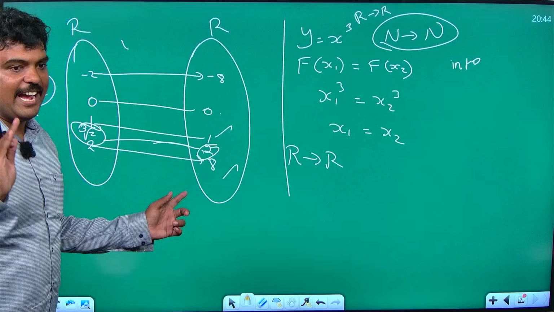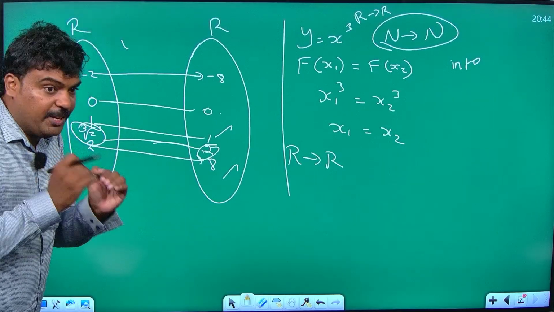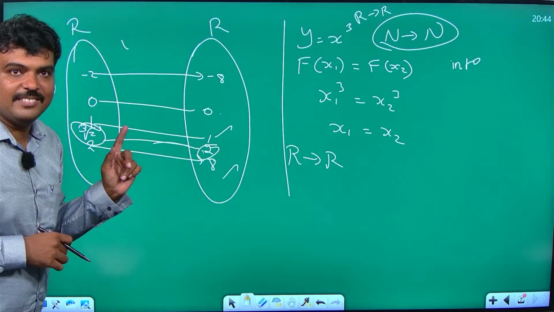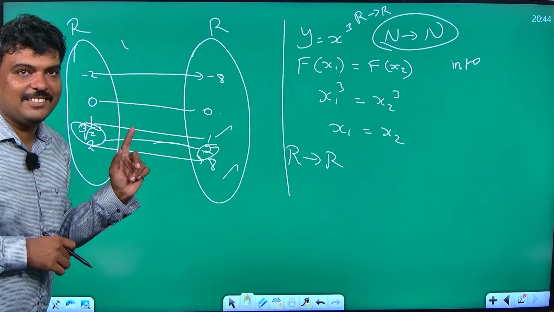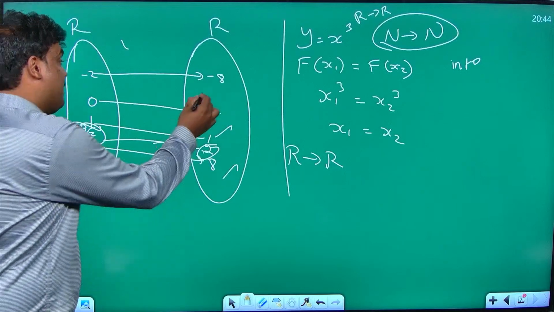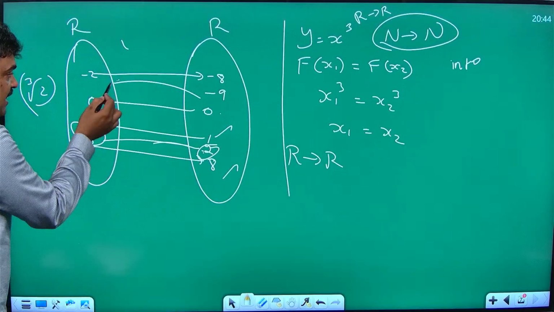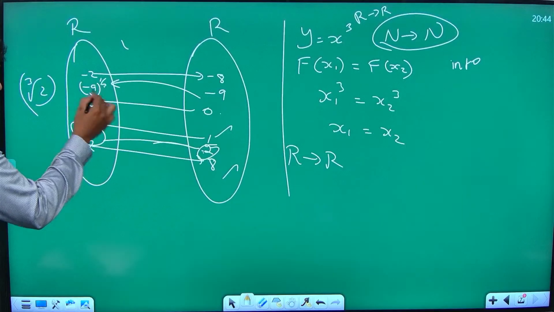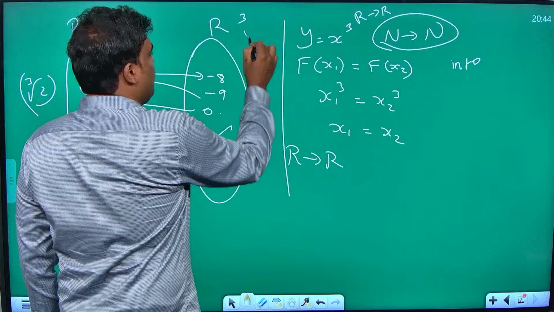If anyone wants to understand why it is onto, please give me a number you think will not be mapped. Akhilesh, I am asking you. Very good, -9. Now for -9 to be mapped, what should be here? It should be -9 to the power of 1/3, which is the cubic root of -9.